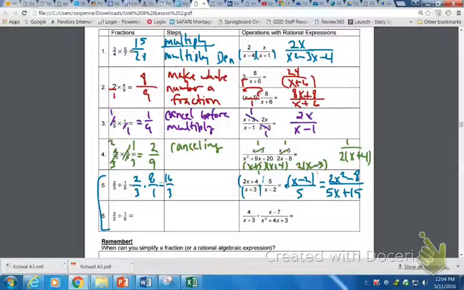The reciprocal of 1 over 8 is 8 over 1. I'm going to do the same thing over here. I'm going to change that division to multiplication and multiply by the reciprocal. So I'm just going to flip this. So this becomes the numerator and this becomes the denominator. Okay? Any other questions on that one?